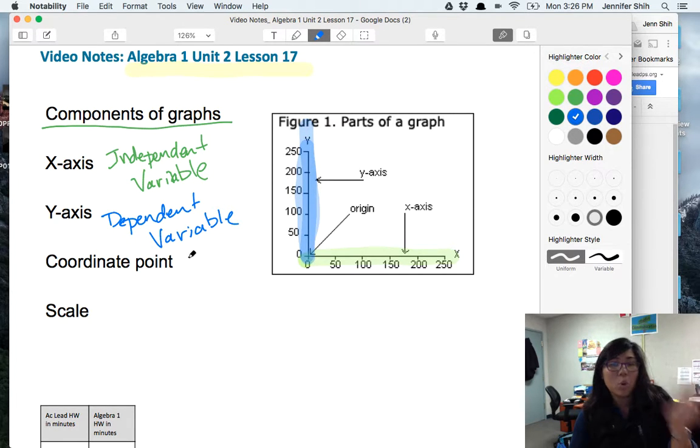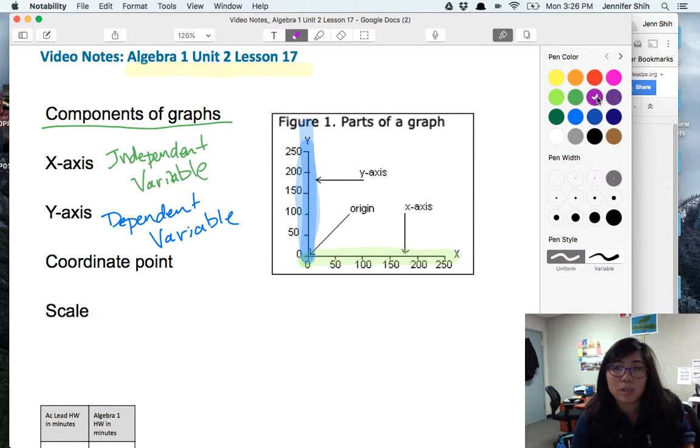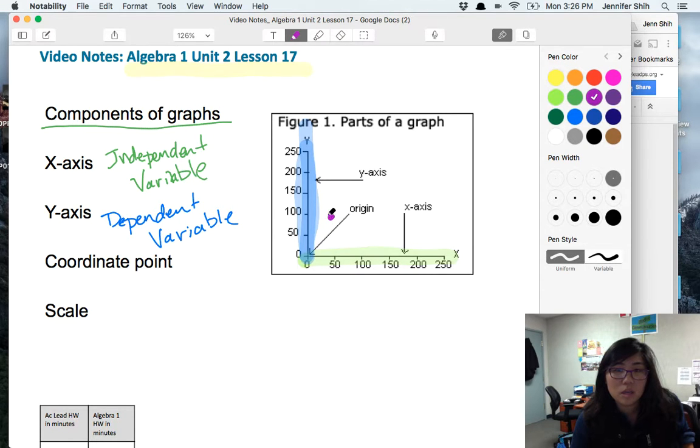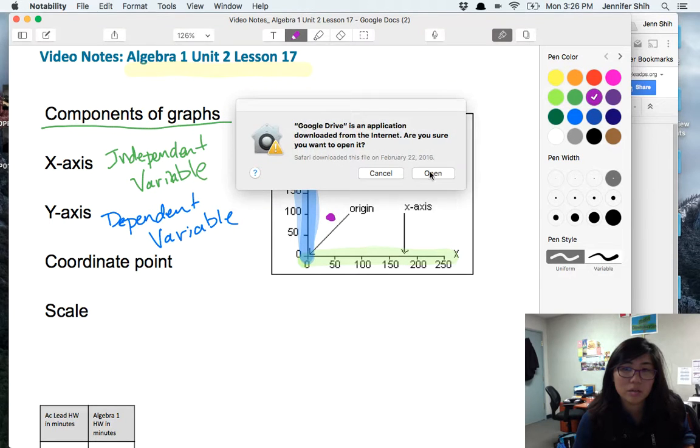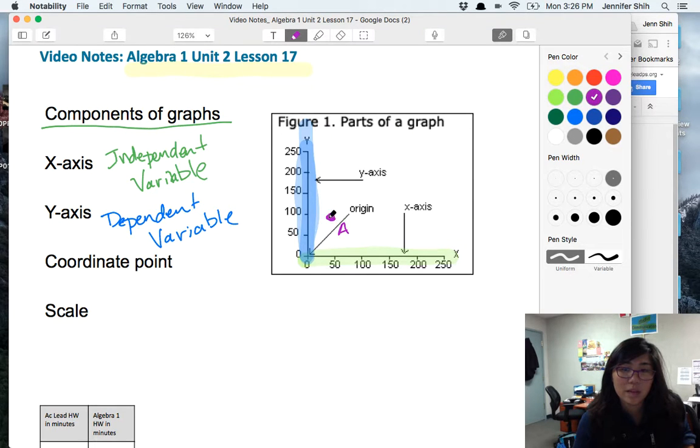Okay, your coordinate point, say for example, we are plugging in the point 50, 100. So your coordinate point for A, which is this purple dot, is 50, 100. This is your x value, and your y value is second.